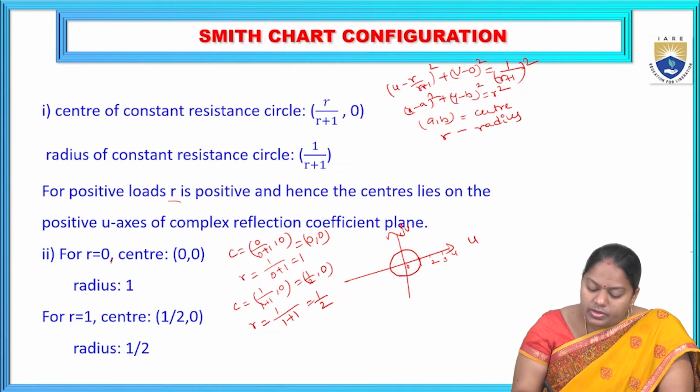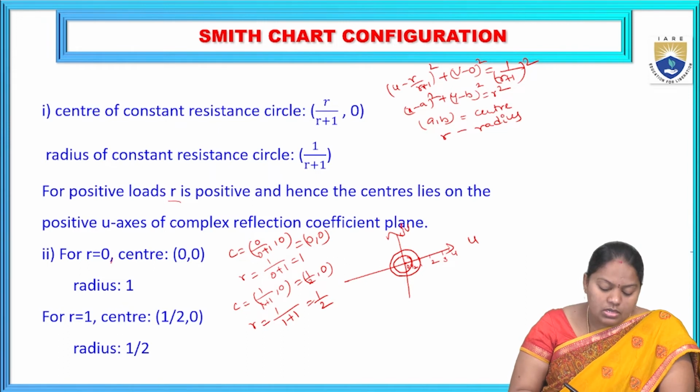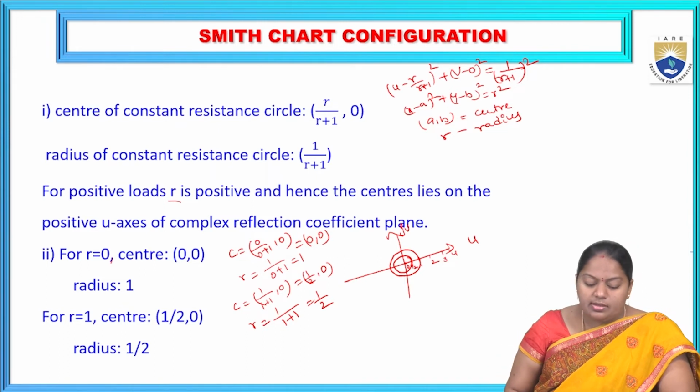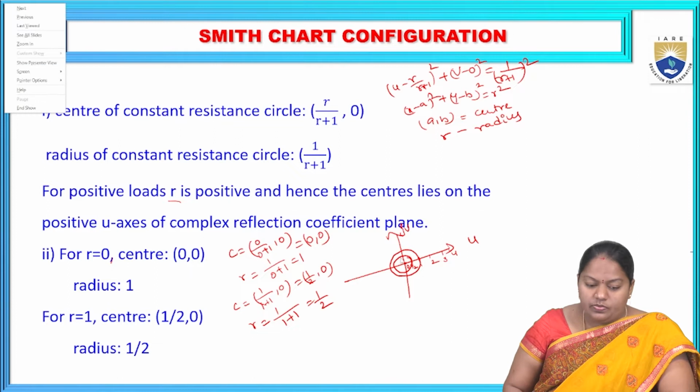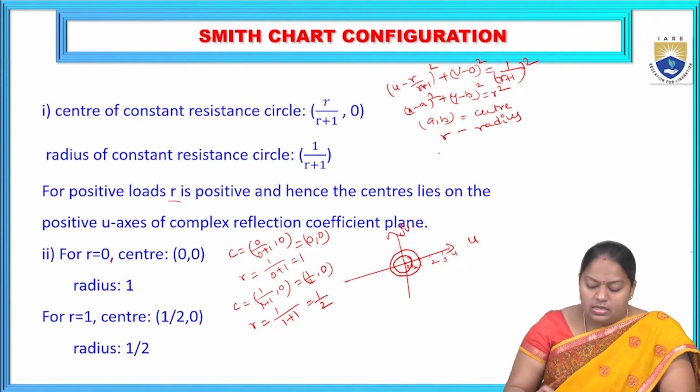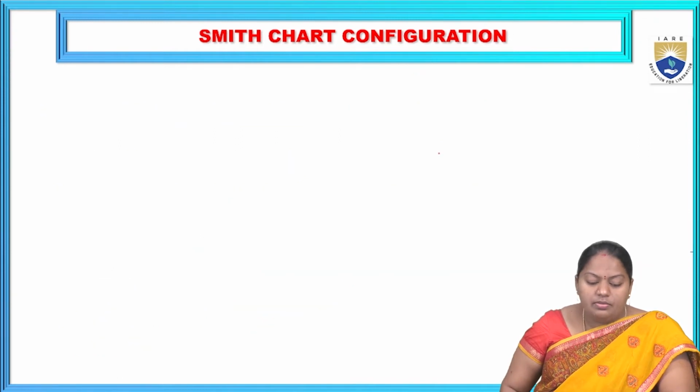So with 1/2, from here to here it is 1, so in between it is 1/2. Now with center at 1/2 and radius 1/2, we are going to draw another circle. Like this, you keep on increasing the values from 0 to infinity.